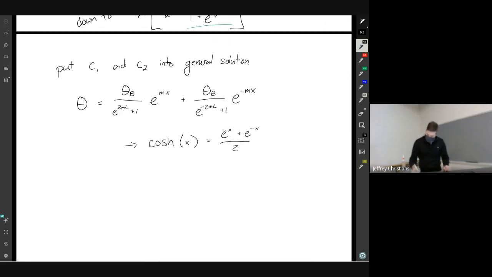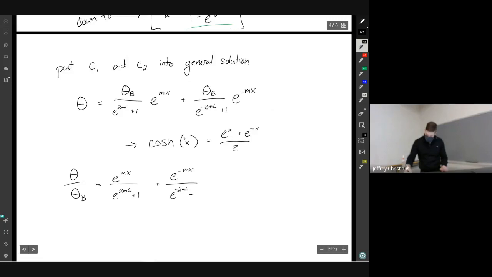We could write theta divided by theta b is equal to e to the mx over the 2ml plus 1 plus e to the minus mx over the other term. Again, we'll do some algebra magic.